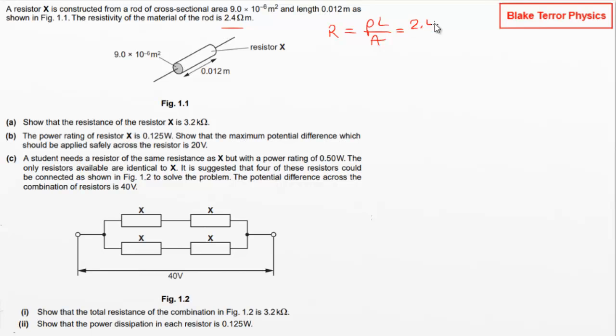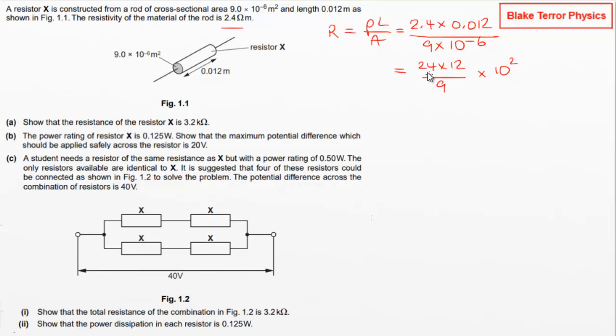So 2.4 times 0.012 divided by 9 times 10 to the minus 6. Right, they've given us some really nice numbers there in all of that. So let's tidy this up a bit. So we've got 24 times 12 over 9 times, that would be a 10 to the minus 4 at the top. So by the time we dealt with the minus 6, it would be times 100.